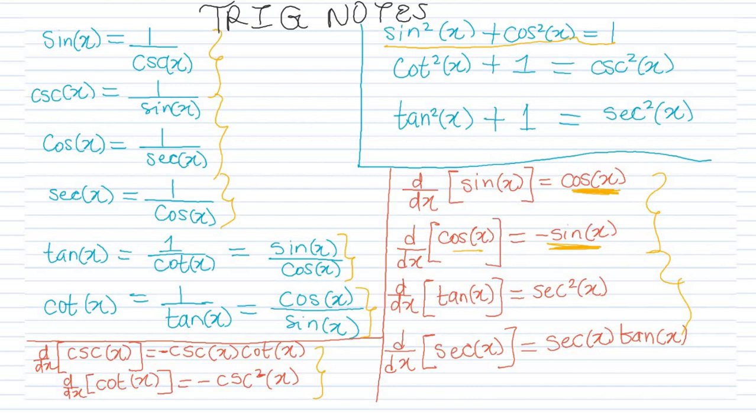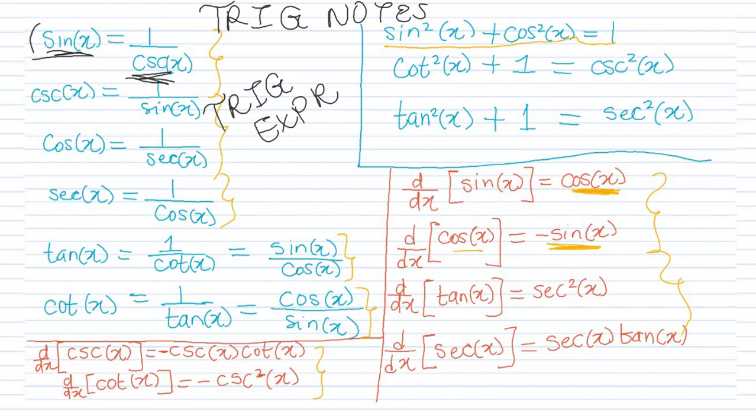Okay, so on the left side of this page, with everything written in blue, from sine x equals 1 over cosecant x up until cotangent x equals 1 over tangent x, all of that information is what we call trig expressions. Trig expressions just involve how one trigonometric function relates to another trigonometric function.